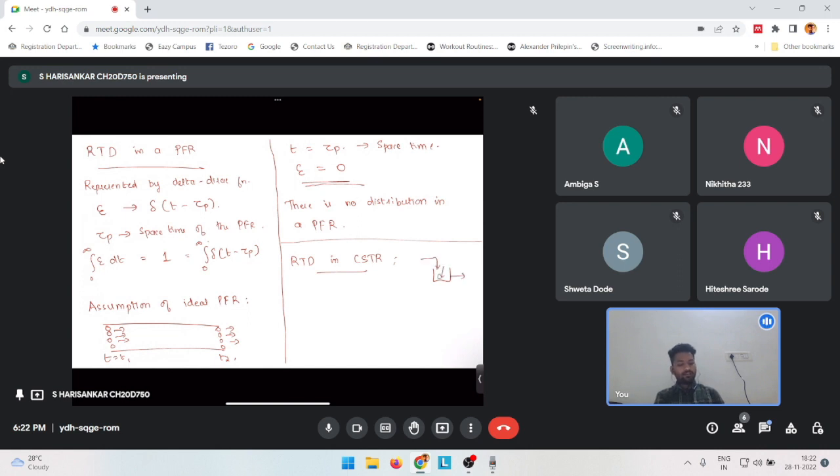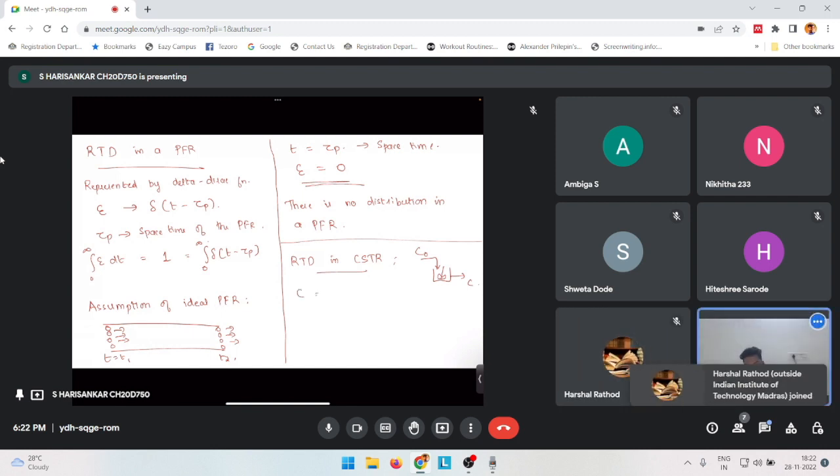So this is a CSTR, and let's say you have C0 as the initial concentration of your tracer and C as the final concentration. You can write the outlet concentration as C equal to C0 e raised to minus T by tau m, where tau m is the space time of the CSTR.